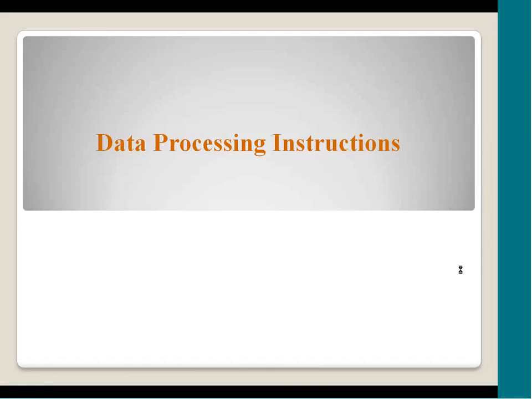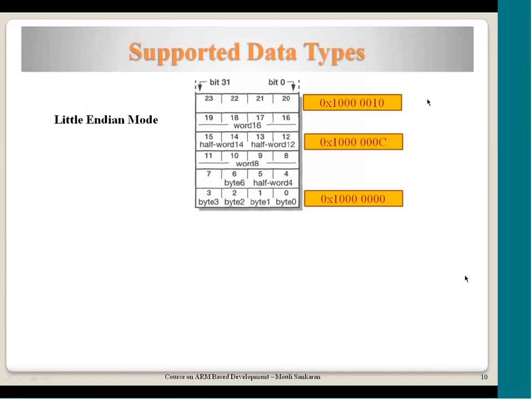Now once data is there, if you are manipulating data, we have to see what kind of data we get from the memory. Again that depends on the way it is stored in the memory. So here if you see a particular data at address 1010, bit 0 is here and bit 31 is here, and this is the lower address and this is the higher address.